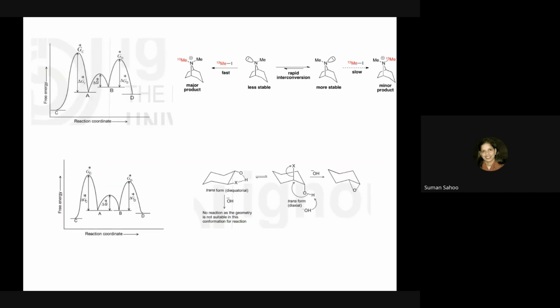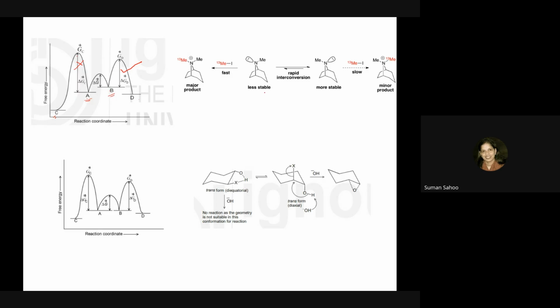In this one, we have a situation where conformer A is more stable and conformer B is less stable. But the pathway where conformer A gives product C has higher activation energy, and conformer B giving D goes through a lower activation energy pathway. So in that case, this one would be favored, and this won't be. Rather, A would interconvert to B first and give you the major product.